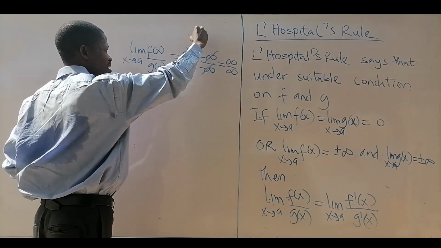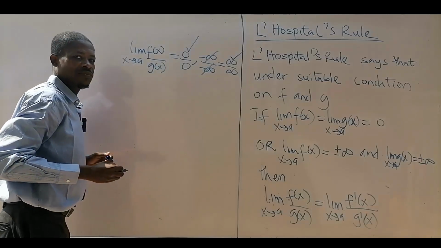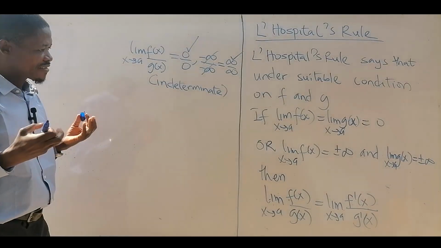You're having 0 over 0, infinity over infinity. We call it indeterminate.